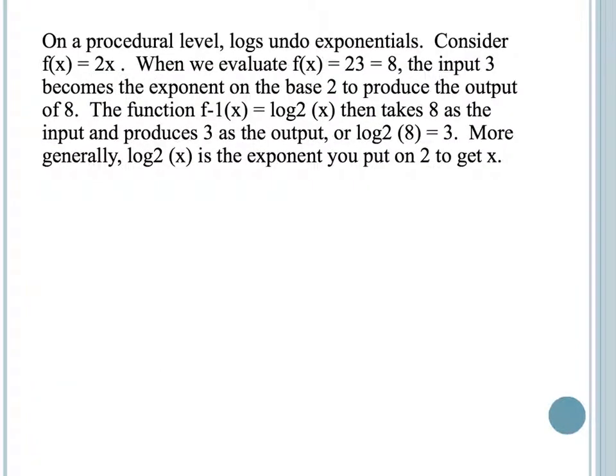So the relationship between logarithms and exponents, this is kind of complicated here. If we have 2 to the third equals 8, that's how we write it as an exponent. To put that as a logarithm, we would say we have a logarithm.